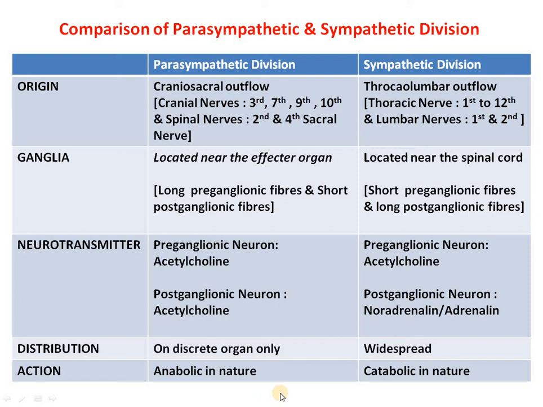The activity of the parasympathetic nervous system is anabolic in nature, and the effects of the sympathetic nervous system are catabolic in nature. Okay, thank you.